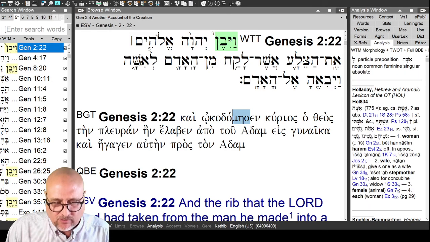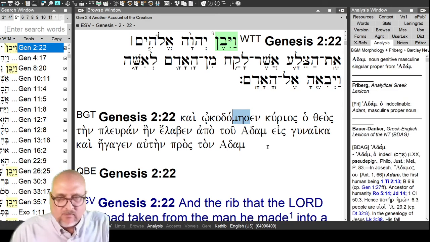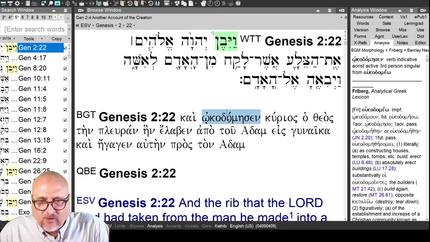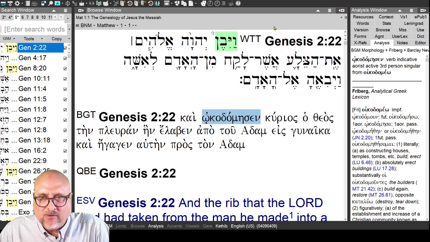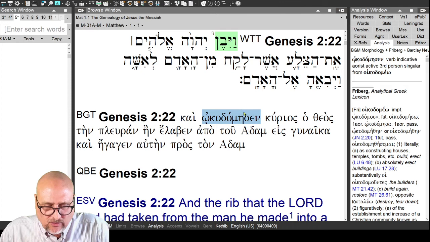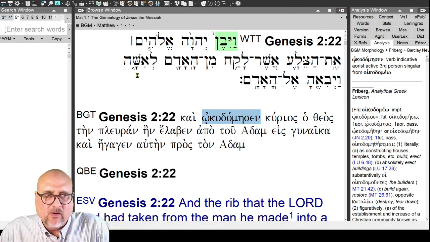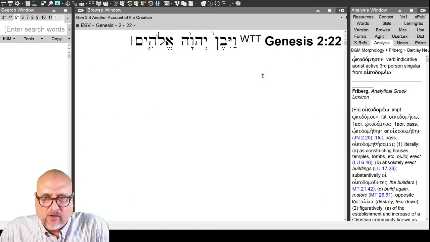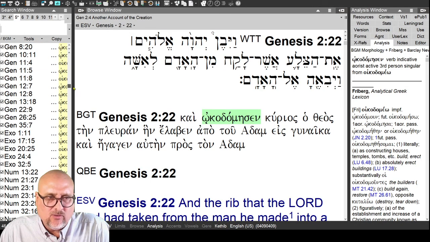He house built. I remember the first time I saw this, it blew my mind. How is this word used in the New Testament? In the church. It's used.